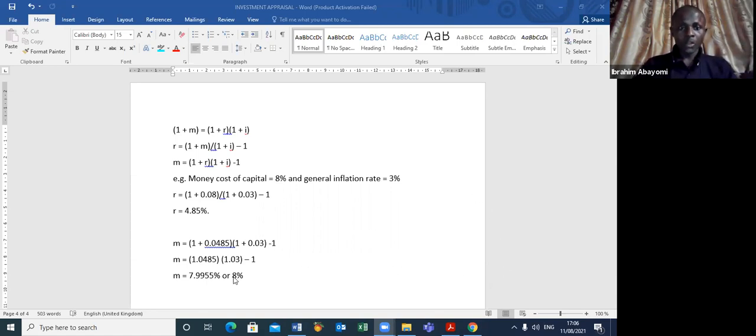So this is how we convert from real to nominal, and from nominal to real cost of capital. Now, let me tell you this. When you have a question and you see that it gives a general inflation rate, don't bother to grow your cash flows individually, because that will take much of your time.